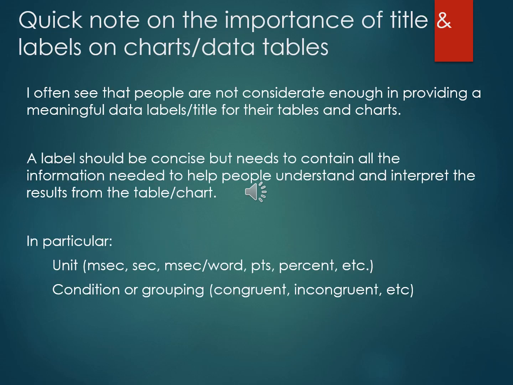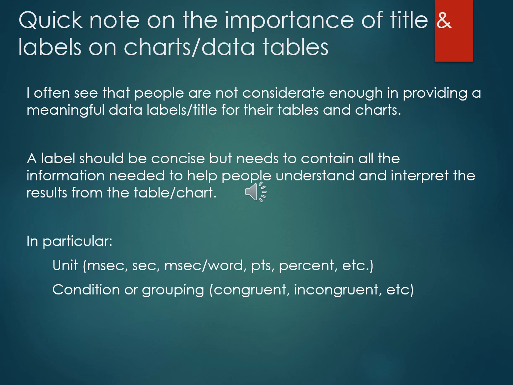I'd like to draw your attention to the description or label of charts or data tables. I often see that people are not considerate enough in providing enough details about what the data is actually showing in the table. At the minimum, you have to provide what the variable is, which is y, and the way in which it's categorized.